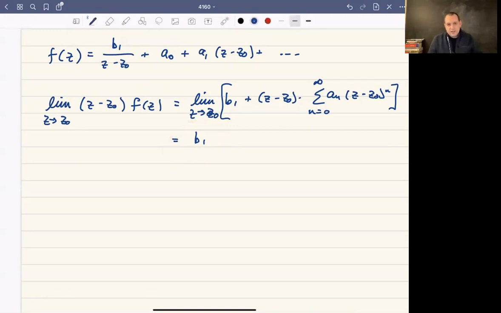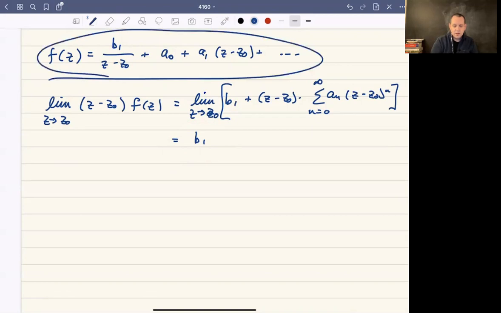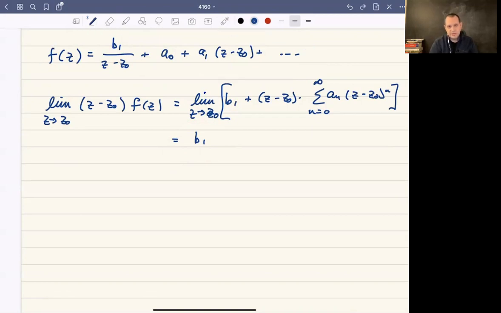The converse basically holds. If you take a Laurent series and think about what it means for the limit of z minus z naught times f to exist and to be non-zero, that means that f must be of this form. And therefore, b1 is going to be the residue again.